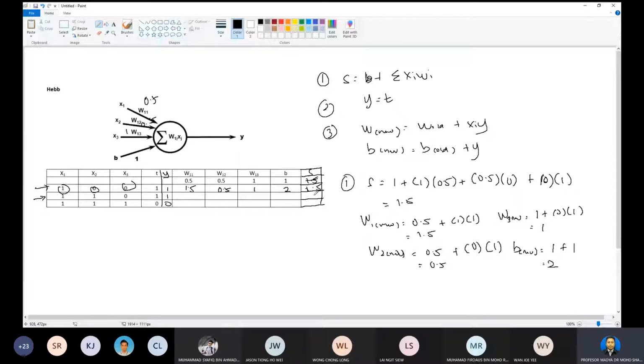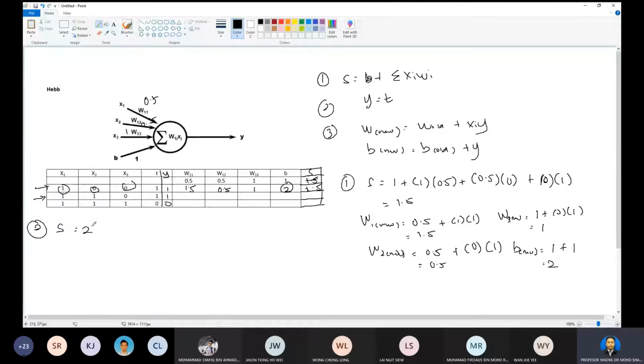Make sure that when you use the weight and bias, you follow the previous iteration. The new bias is 2, not 1, because we follow the previous iteration. The first iteration follows the initial values, and the second iteration follows the weights and bias from the first iteration. So the bias is changed to 2. That's why you have to remember this.